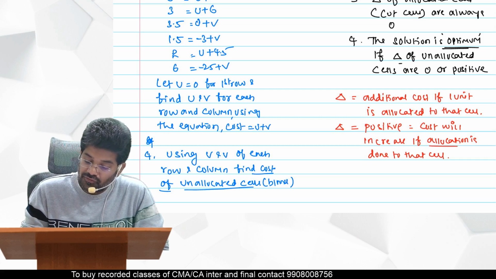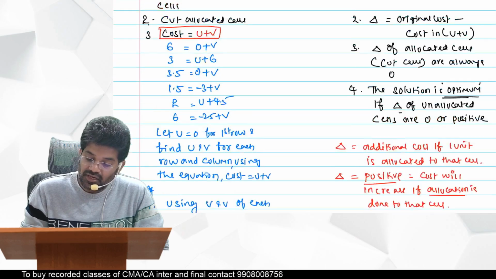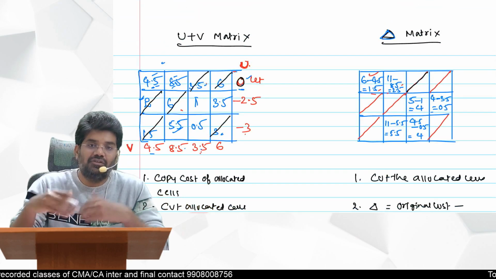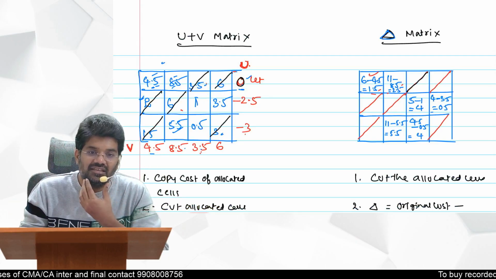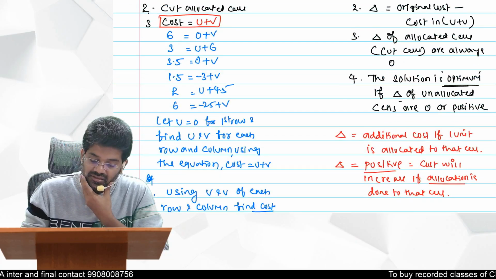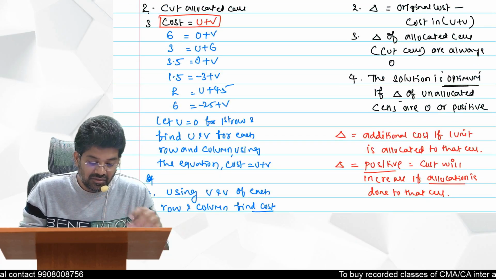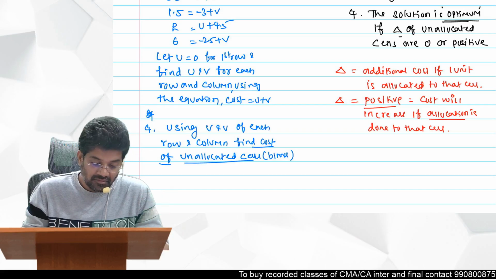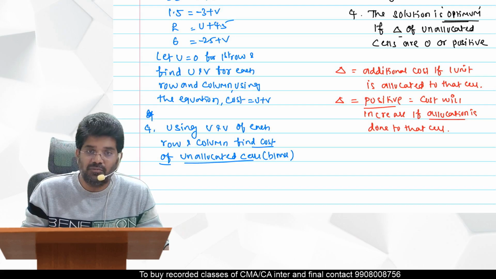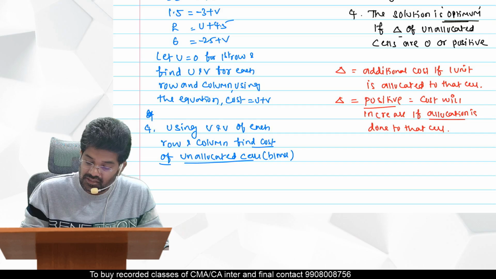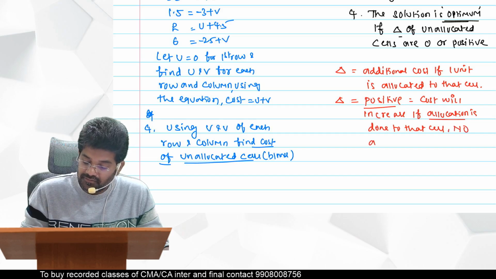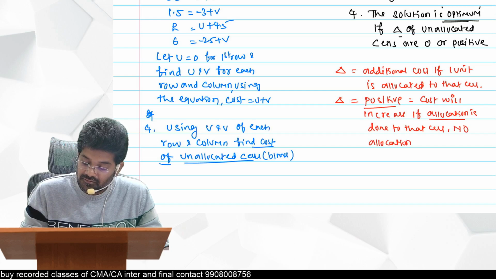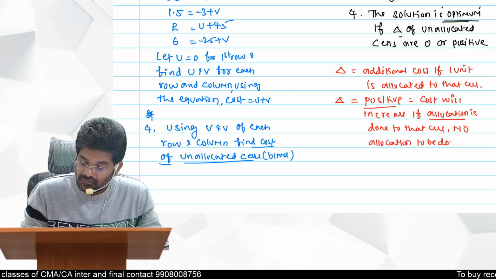If you get a positive change value, you will incur extra cost if you allocate to that cell, so the overall cost will increase. That should not be done, so no allocation is to be done to the positive cells.